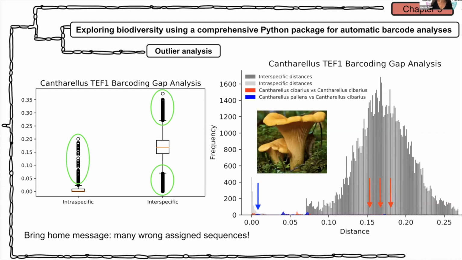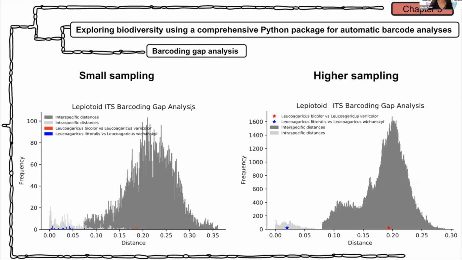Because the code does some BLAST searches automatically, and it gives you the highest identity it found. And then in the upper part of the interspecific distribution, usually you can find some contamination of microfungi.